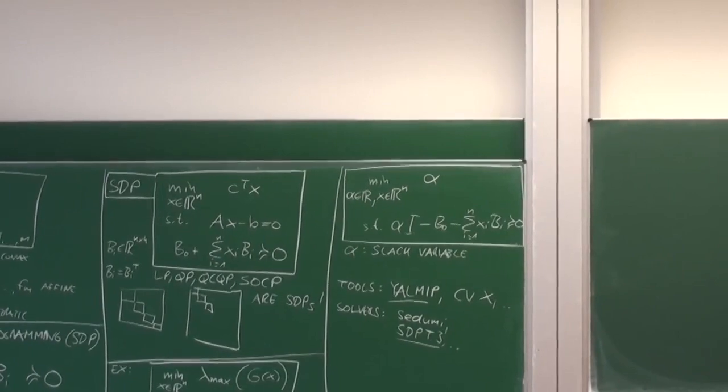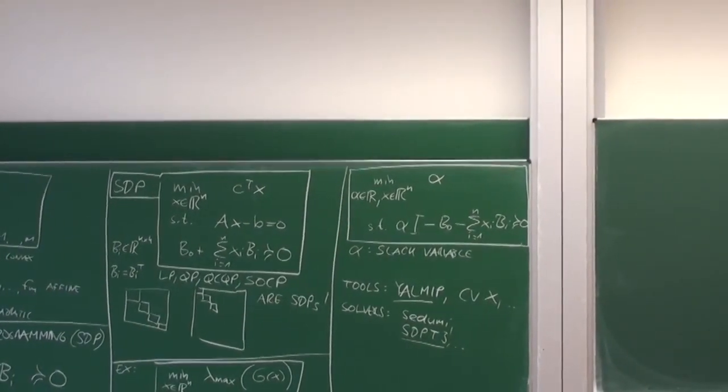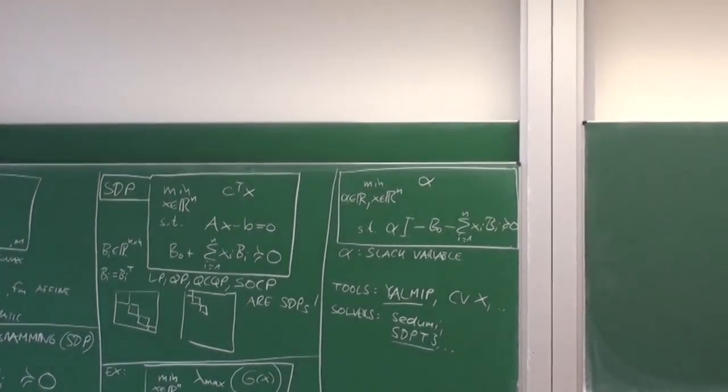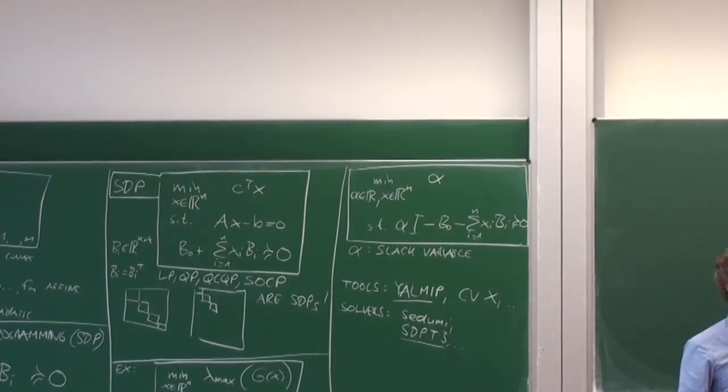Okay, so in this course you will just solve one SDP, and then we go over it. Some of you might want to come back to SDPs in the project later. So that's all about SDPs, so you have an idea what it could be.